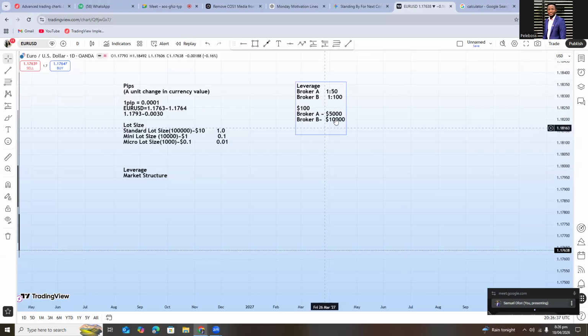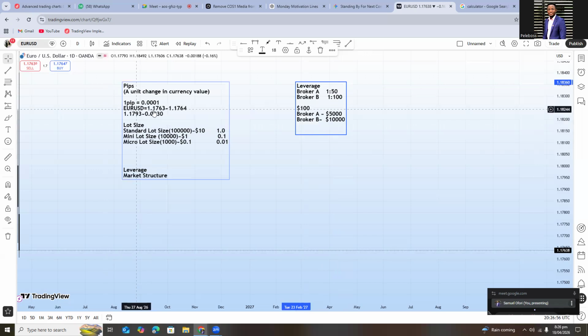So if all of us are using standard lot size, let's say there are two traders. One is trading with broker A, and the other is trading with broker B. They have all deposited $100, and they went in for a buy on EUR/USD, which appreciated from 1.1763 to 1.1793, which we have established is 30 pips.